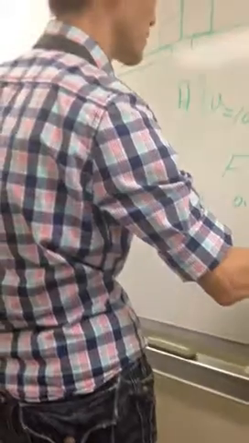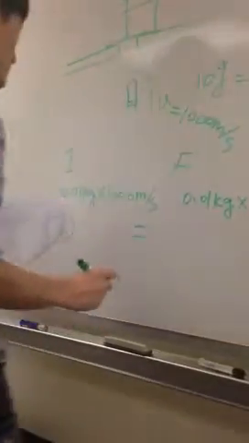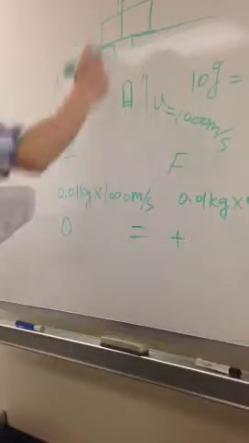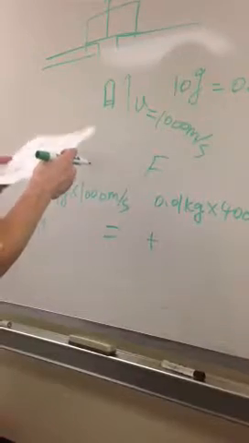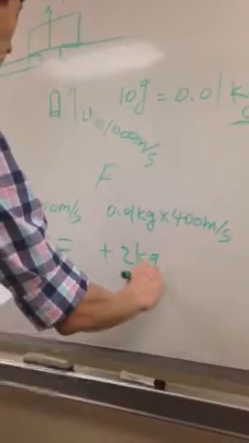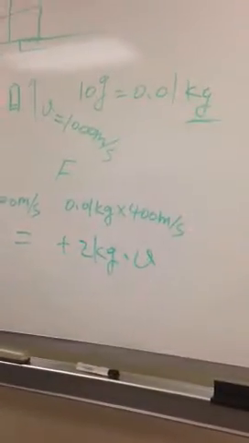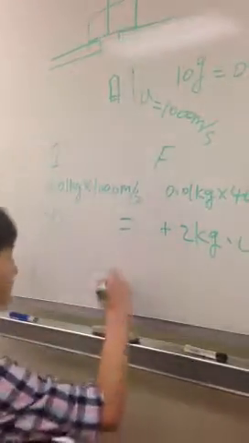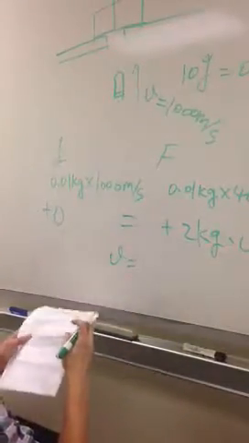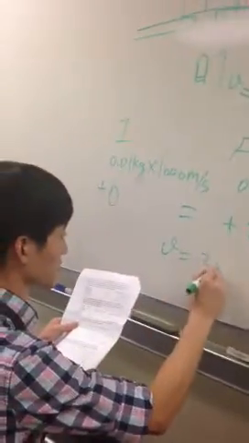After the bullet came out, it's 0.01 kilogram times 400 meters per second plus the block. The block is 2 kilograms. We don't know the velocity. Okay. So according to these, you'll be able to get the velocity. It's 3 meters per second.